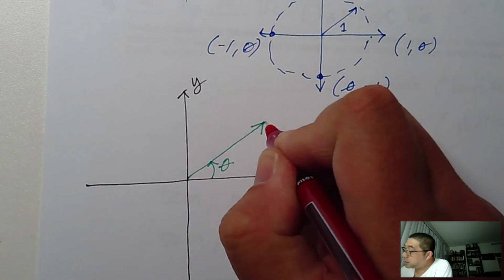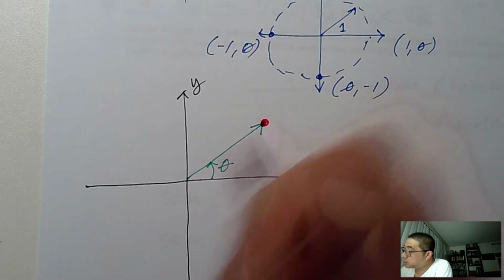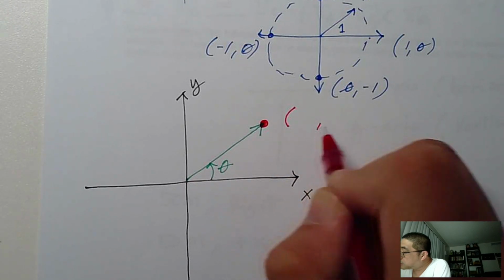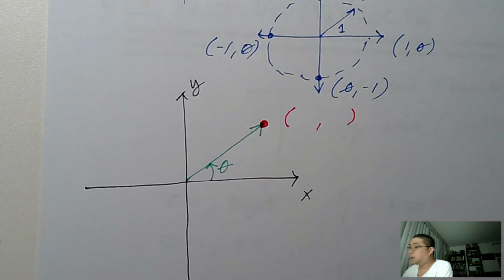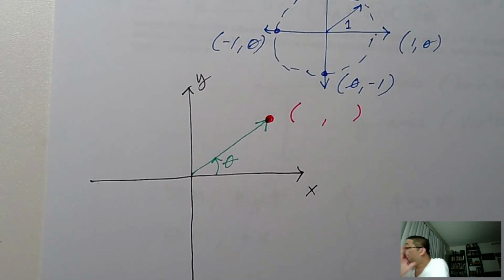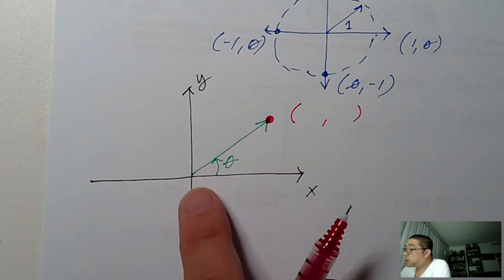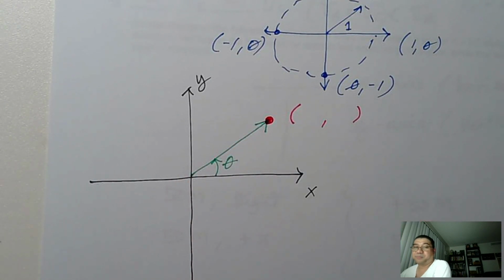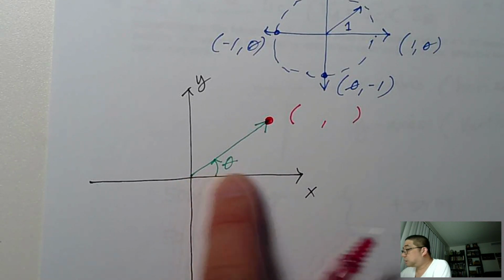If I take this point right here, we want to figure out the different components. Is the vector in any of the axes? Is it along the x-axis?